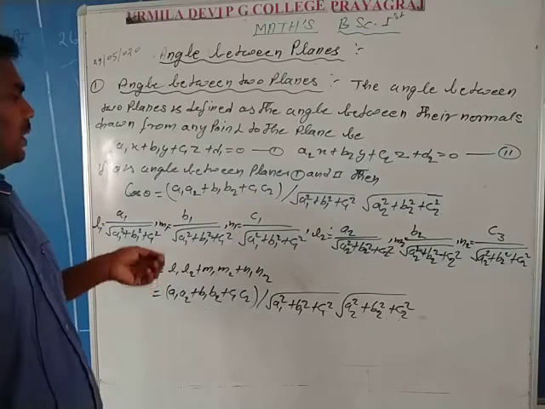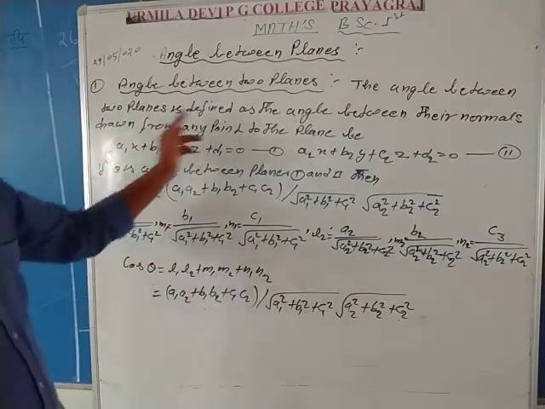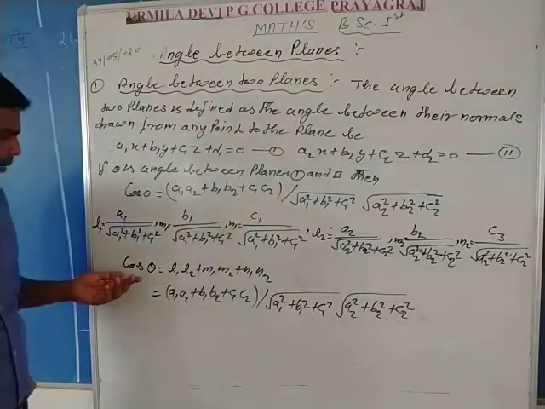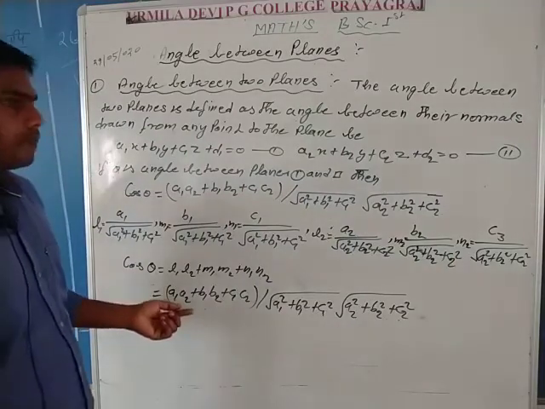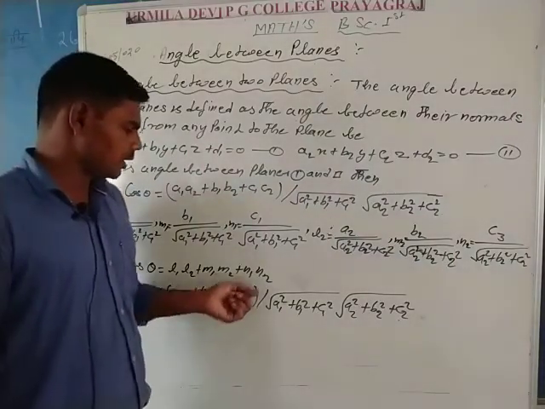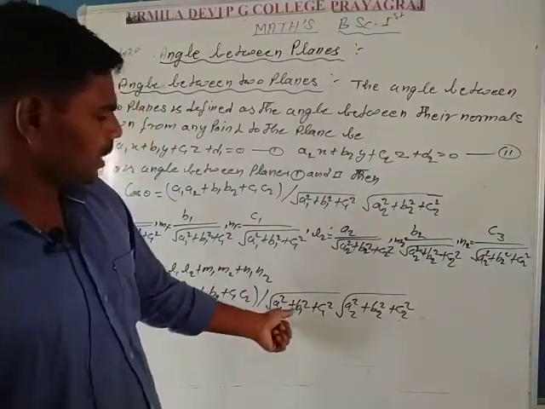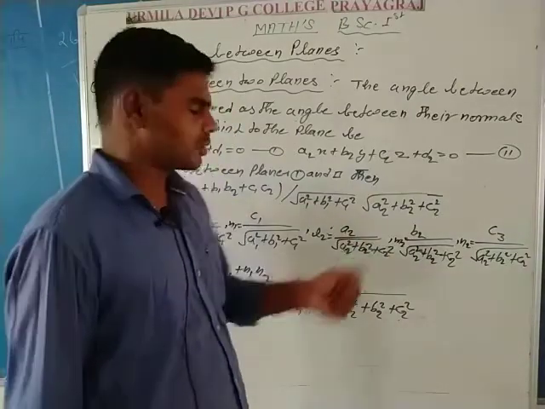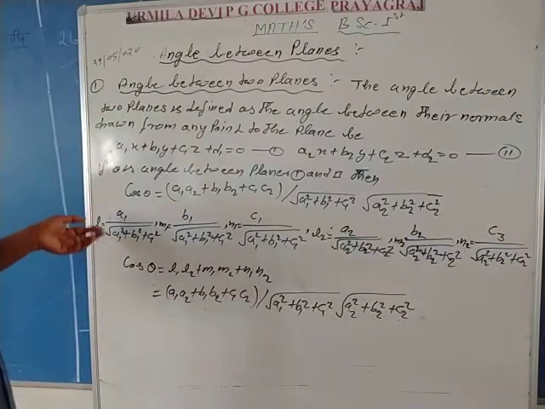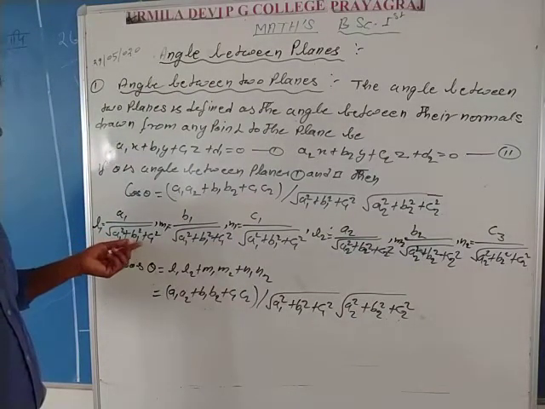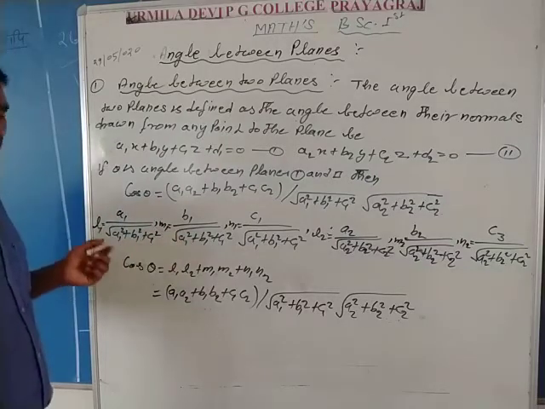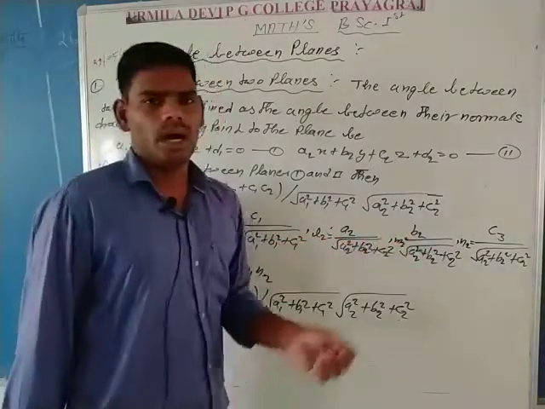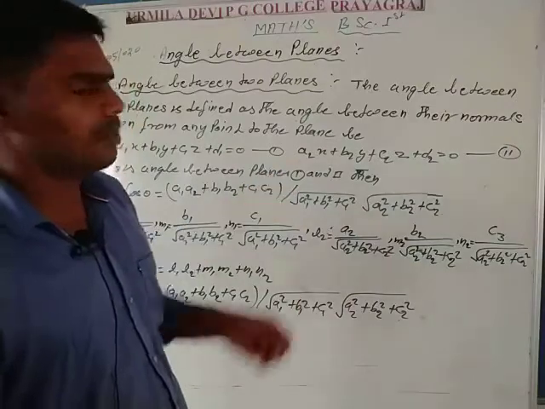Therefore, if theta is the angle between planes first and second, then the formula is cos theta is equal to a1 a2 plus b1 b2 plus c1 c2 divided by under root a1 square plus b1 square plus c1 square times under root a2 square plus b2 square plus c2 square, where l1, m1, n1 are the direction cosines of the normal to the first plane, and l2, m2, n2 are the direction cosines of the normal to the second plane.